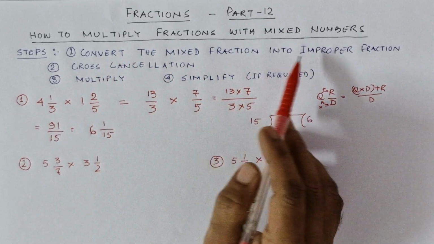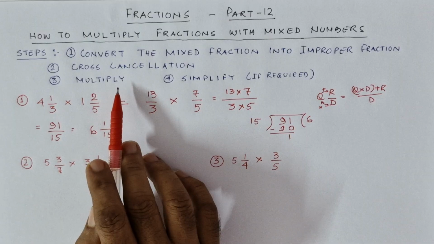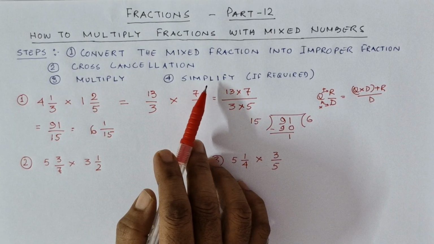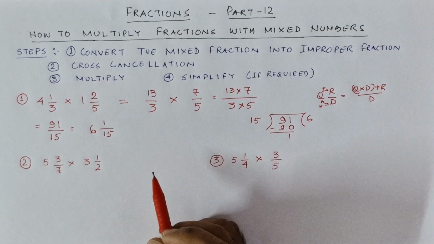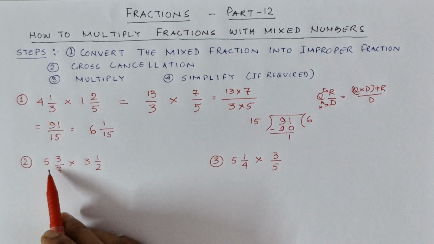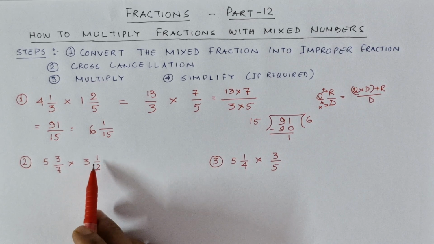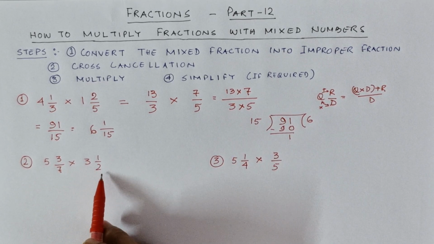So convert the mixed fraction into improper fraction, then cross cancellation, then multiply, simplify if required, and again convert them into mixed fractions. Got it? So let's come to another problem. See, 5 3 by 7 multiplied by 3 1 by 2. So 5 whole 3 by 7 multiplied by 3 whole 1 by 2.